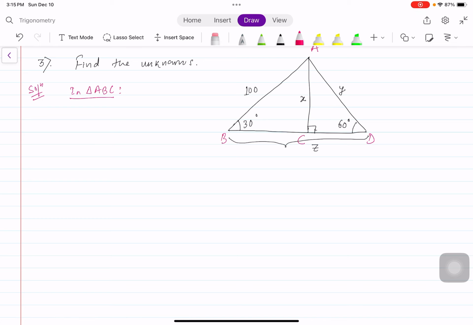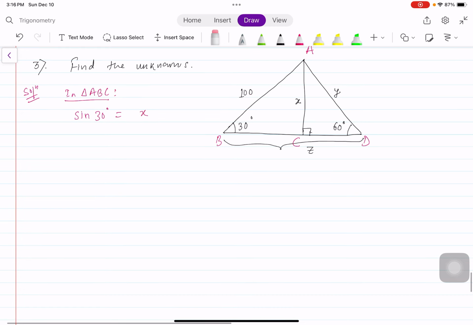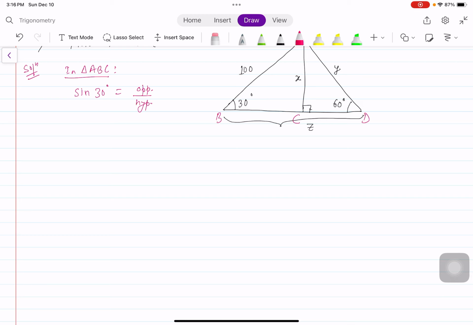So angle, opposite side, hypotenuse. What is useful? Sine 30 degrees equals x. First, always write the formula. It will always help you. So opposite over hypotenuse. How do I know that sine is useful? Because the unknown is opposite, and the given side is 100, the hypotenuse.